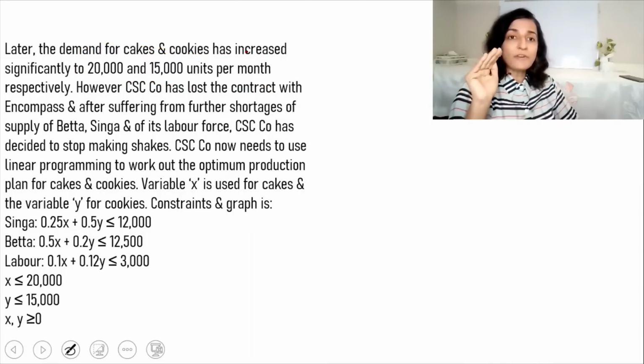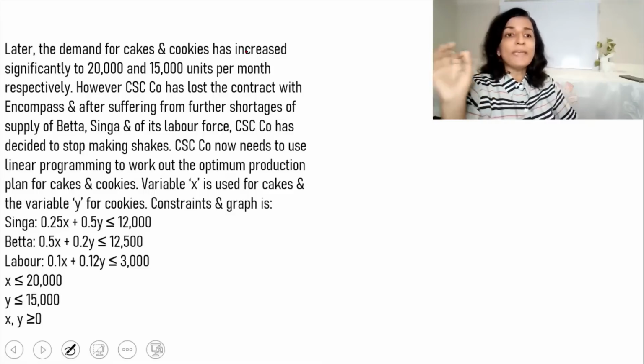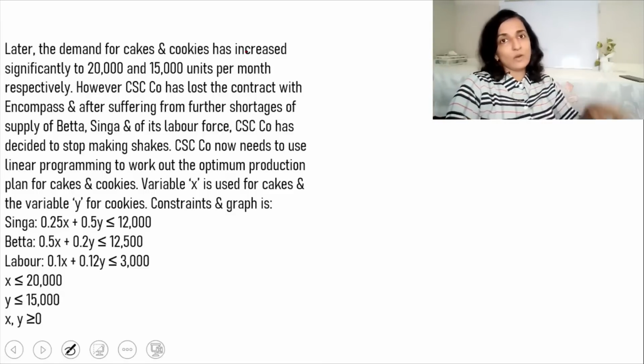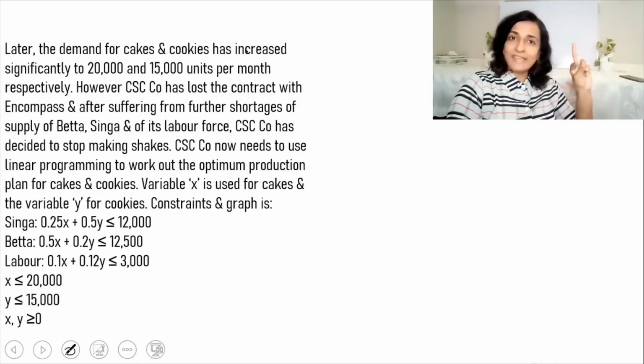Okay, and after suffering from further shortages of supply of beta, Singa, and of its labor force, CSC company has decided to stop making shakes. So now we've got just 2 products. Only cakes and cookies are there, no shakes. CSC company now needs to use linear programming to work out the optimum production plan for cakes and cookies. Variable X is used for cakes and variable Y for cookies.